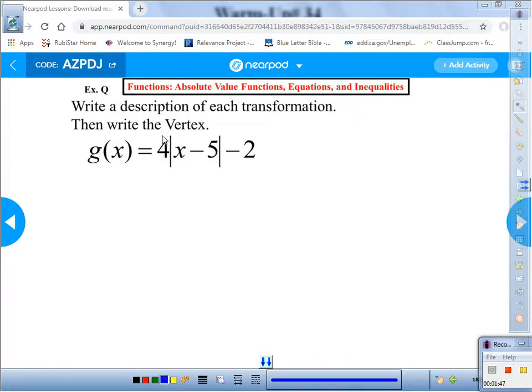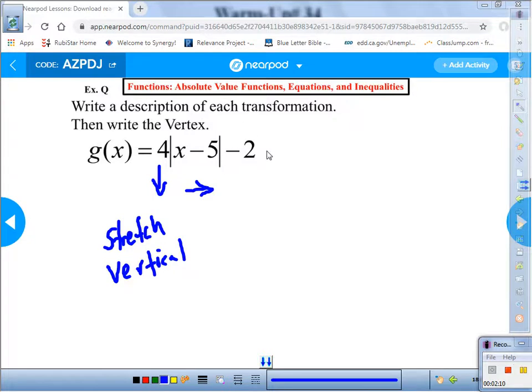If a number is in front of the function, such as 4, and it's a whole number, that number will stretch or compress. In this case, it's going to stretch, and it's going to do that vertically. The other thing, h will tell us to go either to the left or right. In this case, it's going to the right 5 steps.